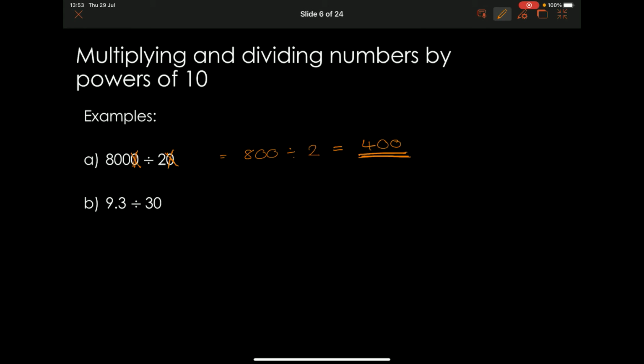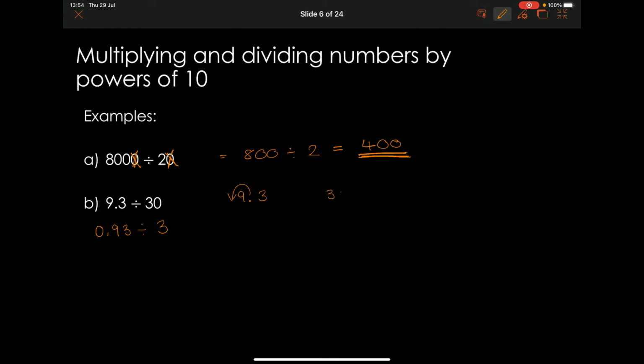And then what you could do here is divide by 10 first for this second one. So 9.3 divided by 30. If we divide by 10 on both sides, we're left with 0.93 divided by 3. Because we've taken this 9.3 and divided by 10, which means we've moved the decimal point that way.